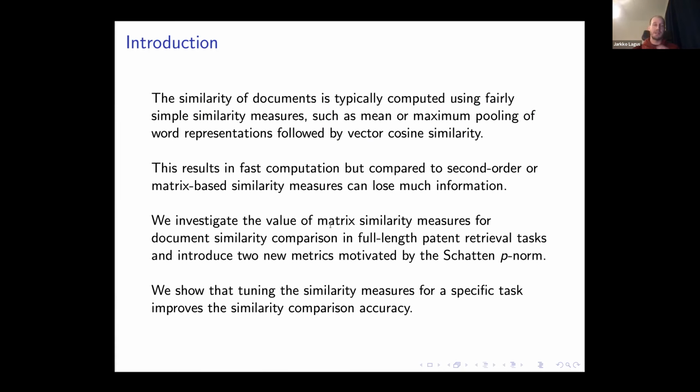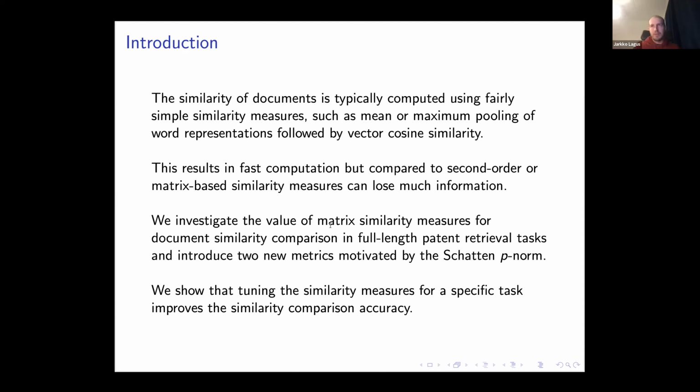This is nowadays especially common, since we got these transformer models that are very flexible in their representational power. These mean calculations are usually quite fast and powerful, which results in very fast computation when compared to the second order or matrix-based similarity measures.